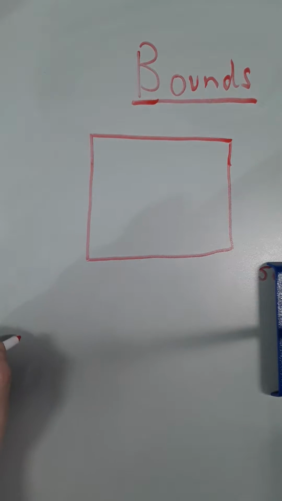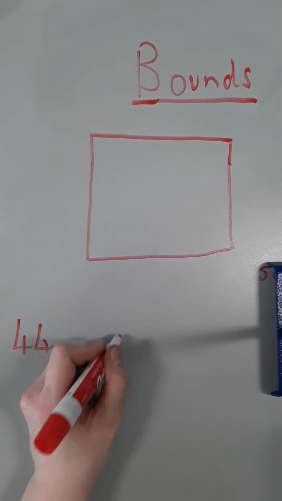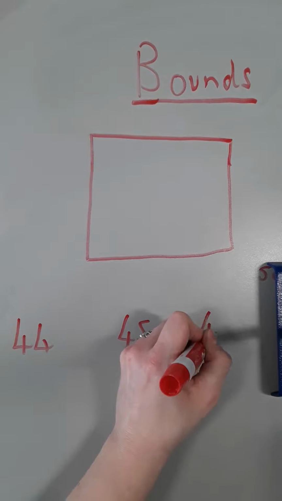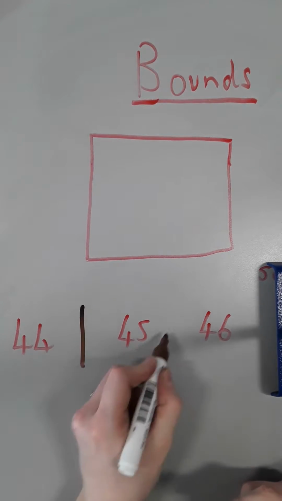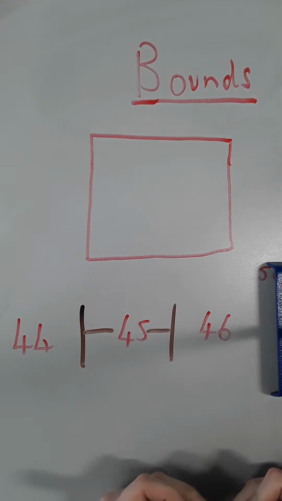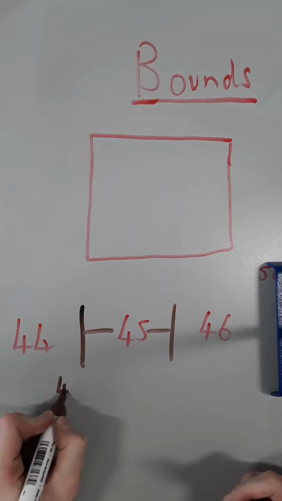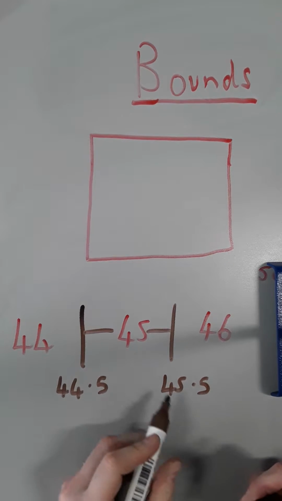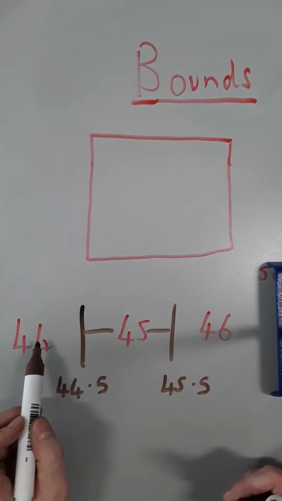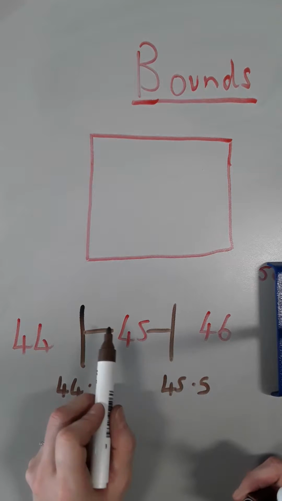When we write numbers, for example, if we had 44, 45 and 46, each number has its own boundary and any numbers that fall within it are rounded to it. So for instance here it's 44.5 and 45.5 because both of those are halfway between the two numbers.